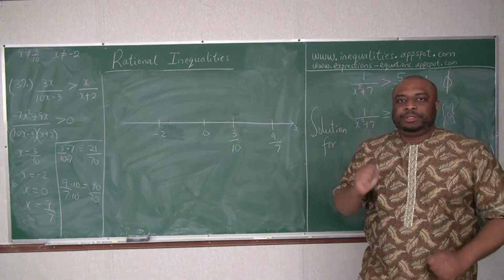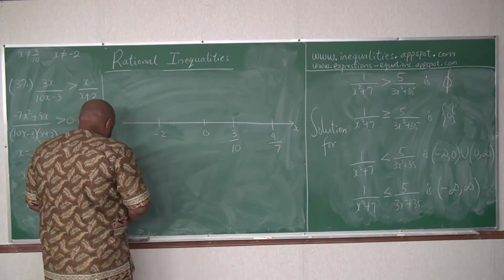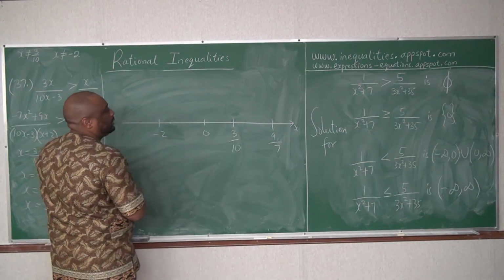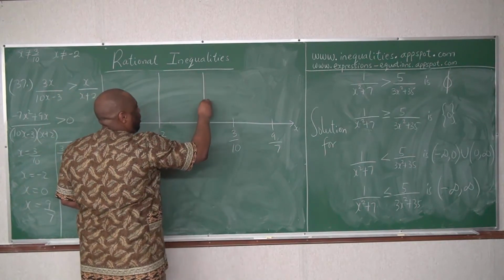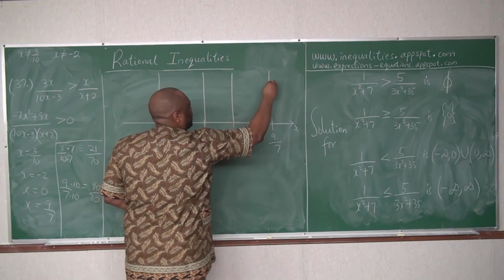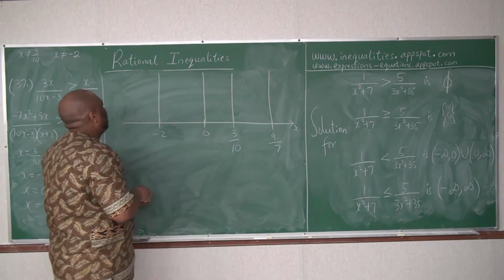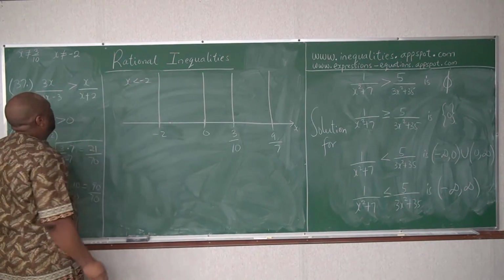Okay? Now we get the test intervals. So here we have x less than negative 2.